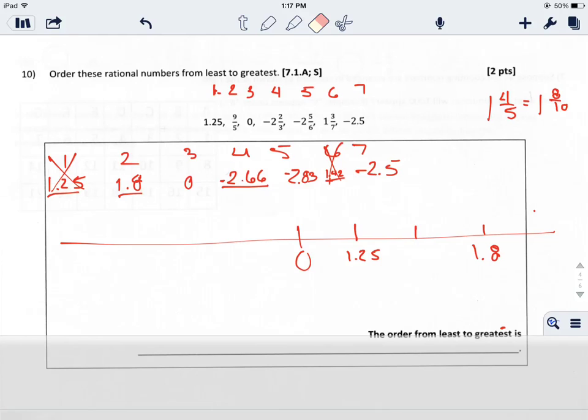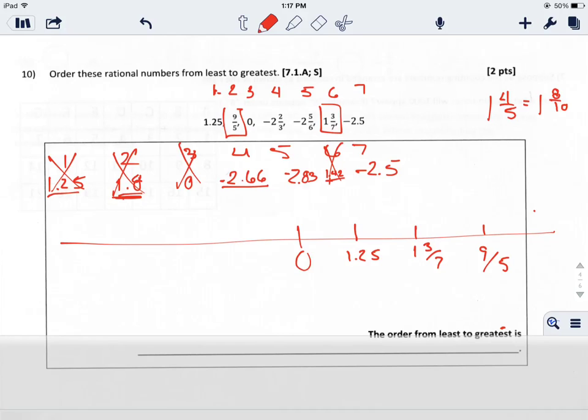That was this number right here. So I'm going to write this as 1 and 3/7. And number 2, right here, 1 and 8 tenths, that was 9/5. So I'm going to erase this and write it as 9/5. Okay. So there are all of our positive numbers.